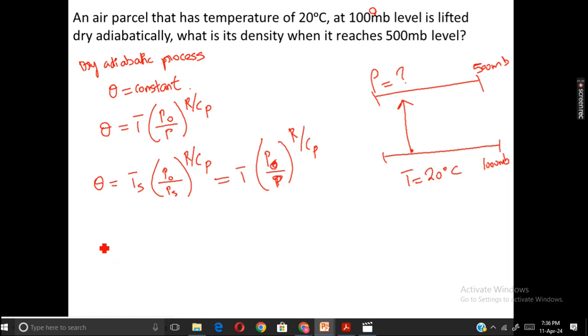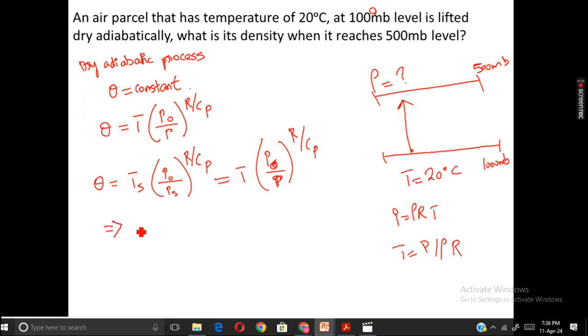From the ideal gas equation, we can write P is equal to rho R T, or T is equal to P by rho R. We substitute it. Basically we want to find the density of the parcel, rho.